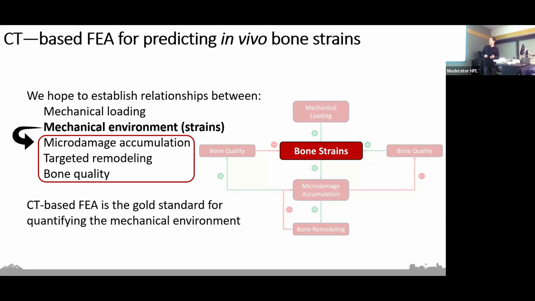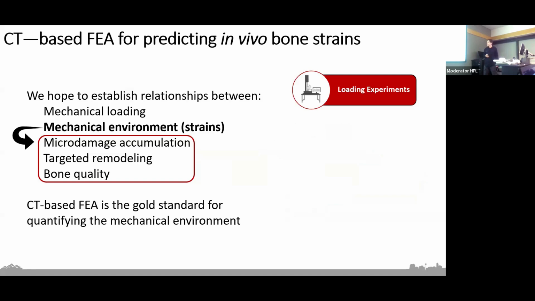So what I do, I use computed tomography-based finite element analysis to capture these strain environments. This is a process that's become the gold standard in the literature in our field for quantifying these mechanical environments. And throughout the rest of my presentation, I'll be talking pretty much exclusively about CT-based finite element analysis. So I'll briefly go through what this process looks like at a high level.